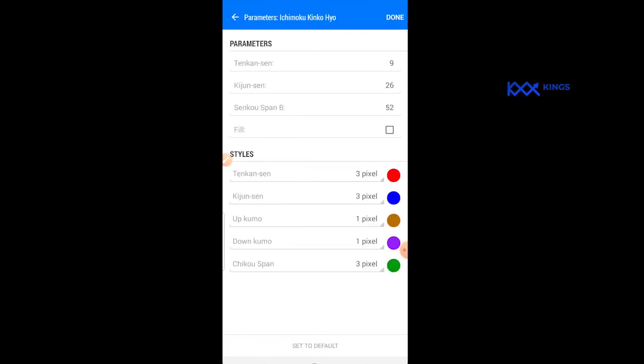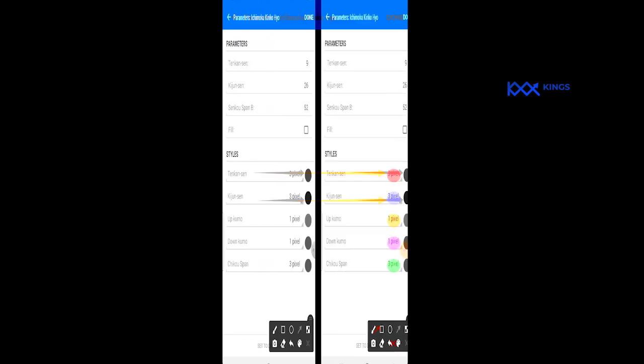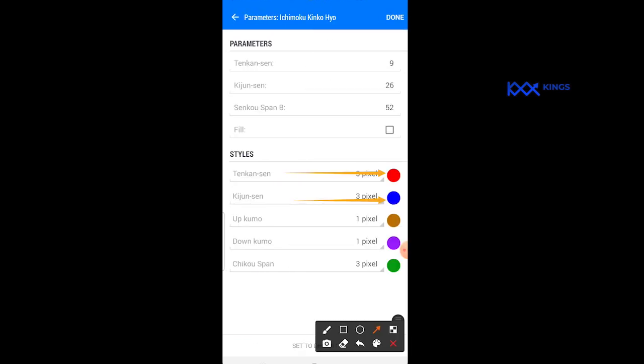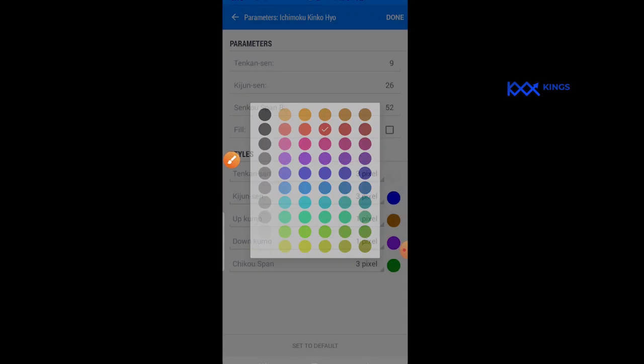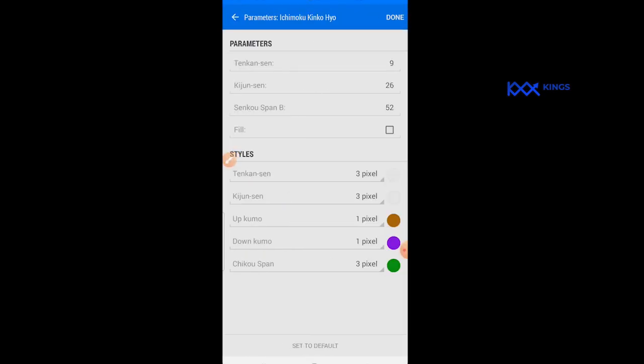Once you see it back to default, just come here and change these 2 colors to your background color. I'm using a white background, so I just need to change this particular color to white. If you are using a dark background, you change it to black. So I will change this to white, change the second one to white also. So I'm done with this indicator setup on the main window.